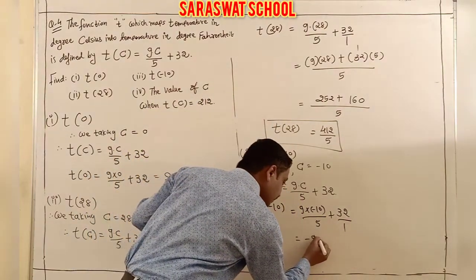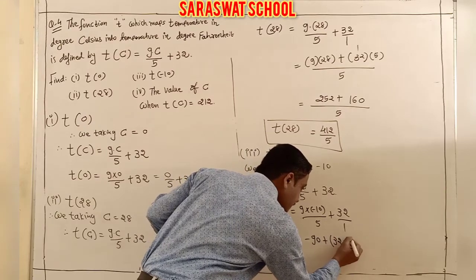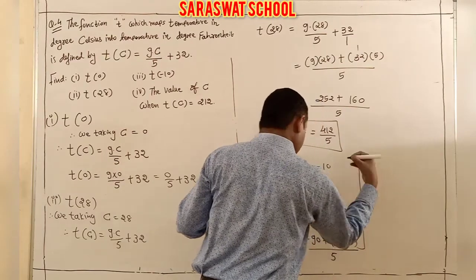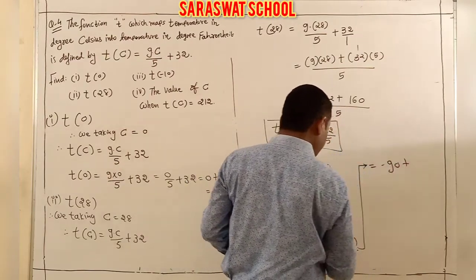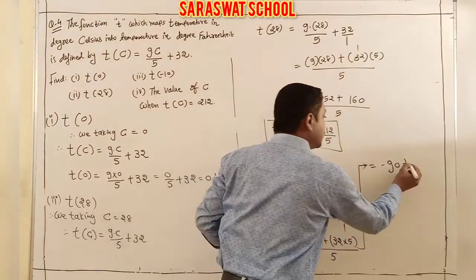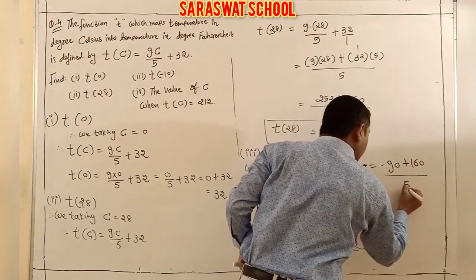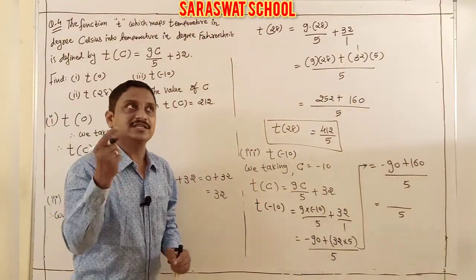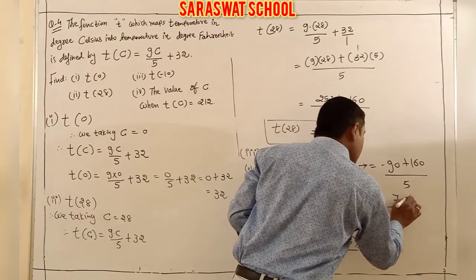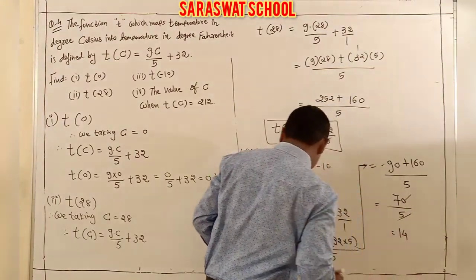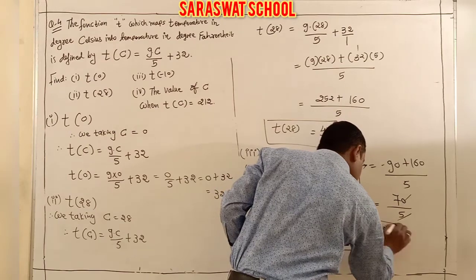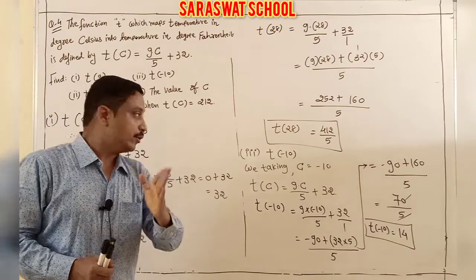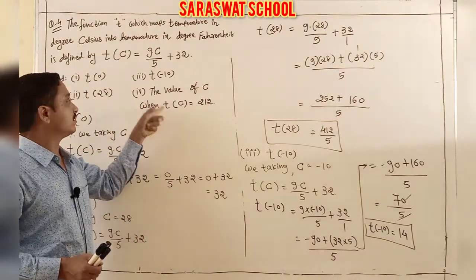So minus 90 and 32 into 5 upon 5. You get a simple value: minus 90 plus 160 upon 5, which is 70 upon 5, giving 14. So T of minus 10 is 14.